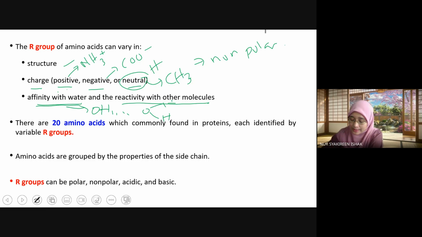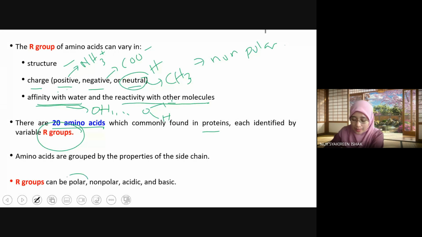So for example, contohnya, tak apa, nanti we look at later the different structures of the 20 different amino acids. So there are 20 different amino acids which are commonly found in proteins, each identified by different R groups. So amino acids are grouped by the properties of the side chain.